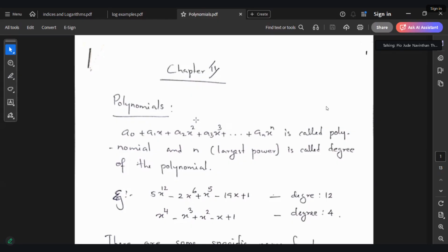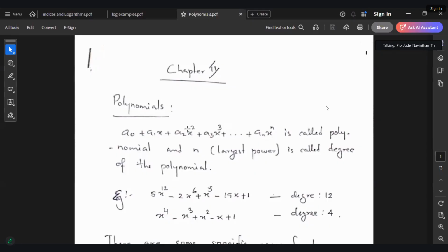If we say this type of series or piece of series is called a polynomial, at the same time the power of x is increasing until n. So we can say the largest power is n. Therefore, this is a polynomial with order n. The highest power is called the order or degree of the polynomial.